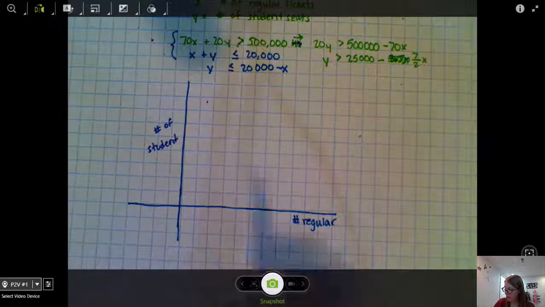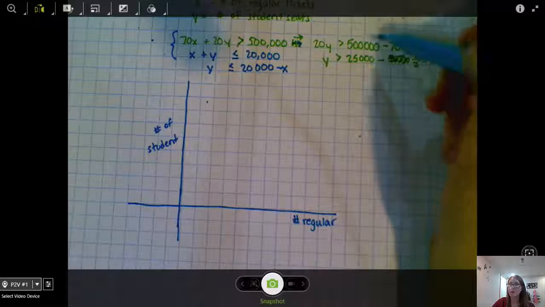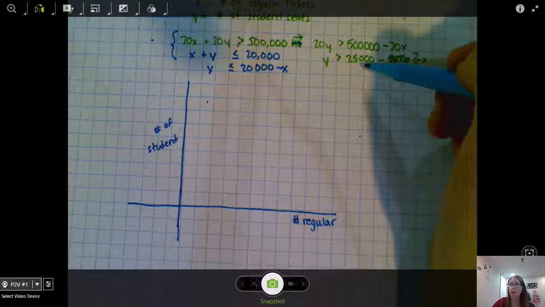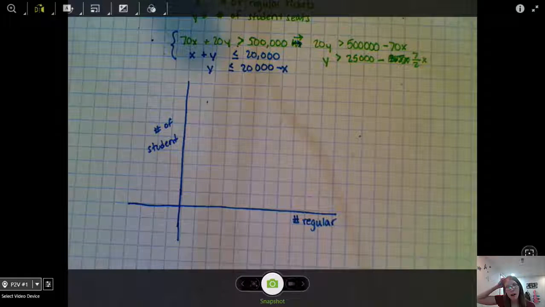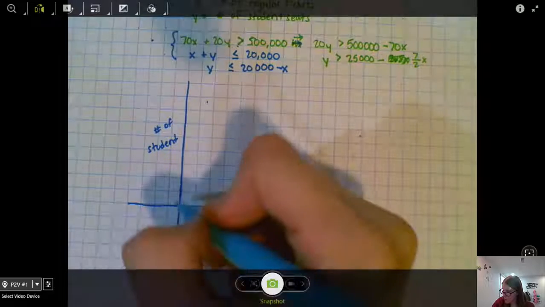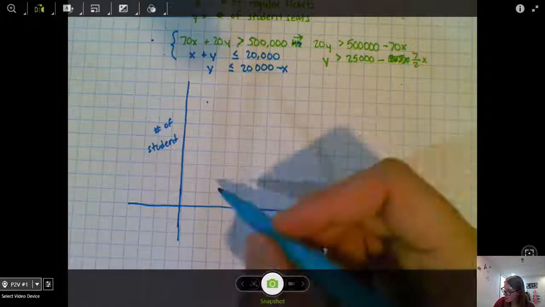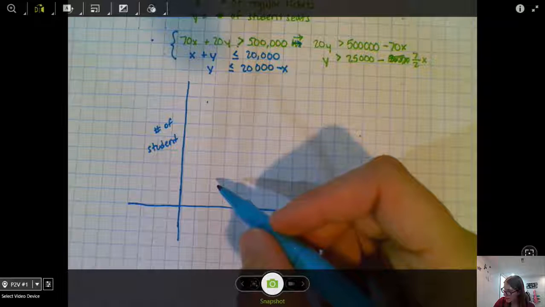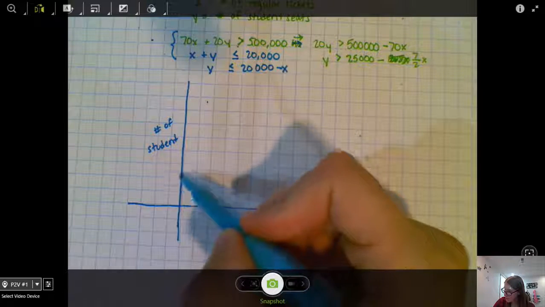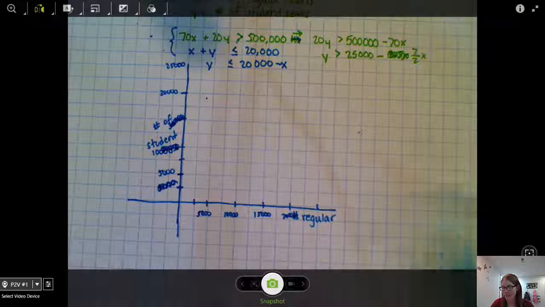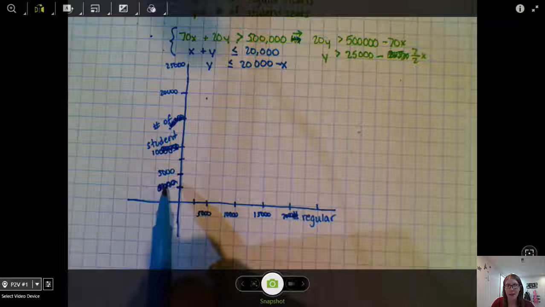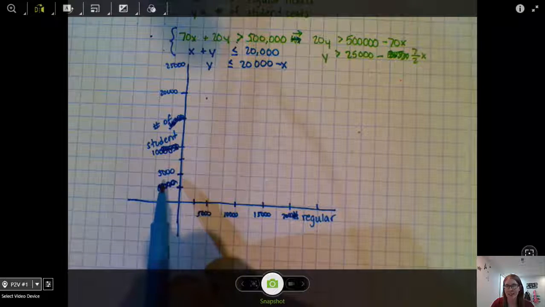All right, and on our y-axis, we're going to have to go all the way up to 25,000. I don't want to go by too crazy of a scale here. I started off trying to have each mark be 5,000, and then I decided against it.